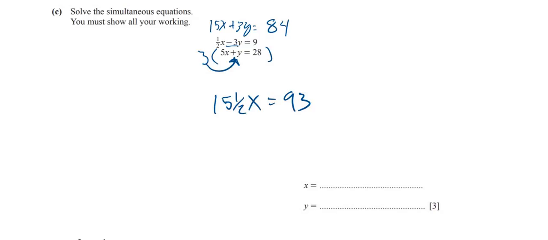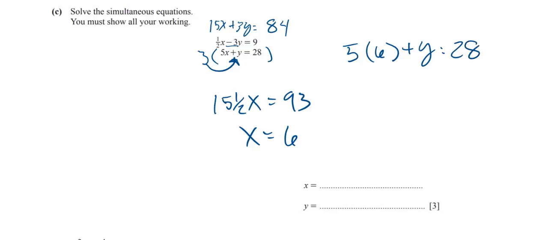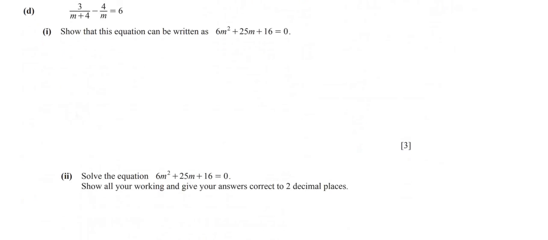Divide 93 by 15.5, and you get x equals 6. Then if we go back to the first equation, this is going to be 30 here. So subtract 30, and y equals -2. So 6 and -2 gets you the points there.